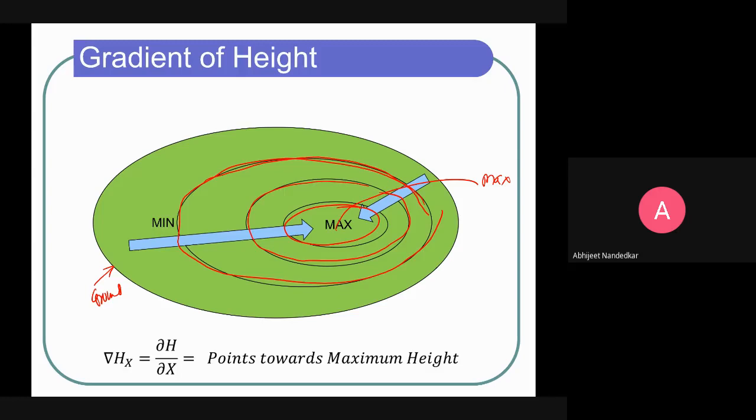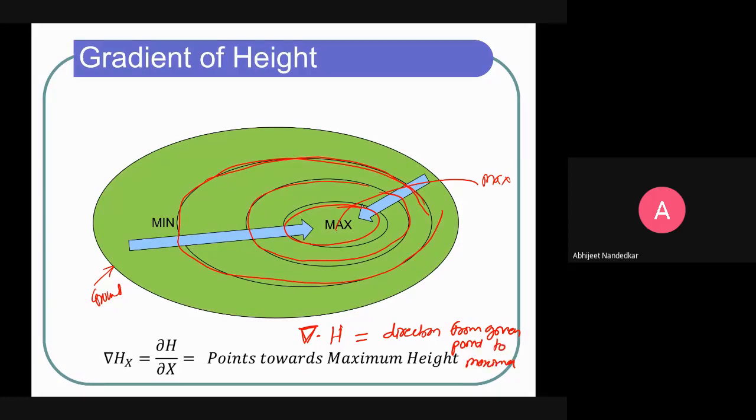Now what the gradient is doing, if I take this function height, the gradient is giving you the direction from a given point to the maxima.